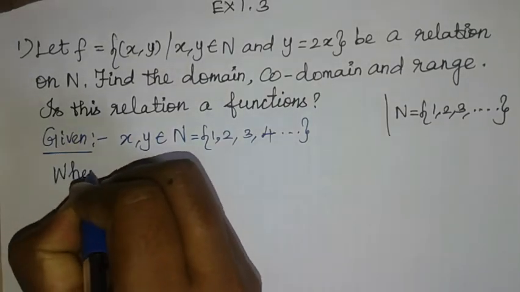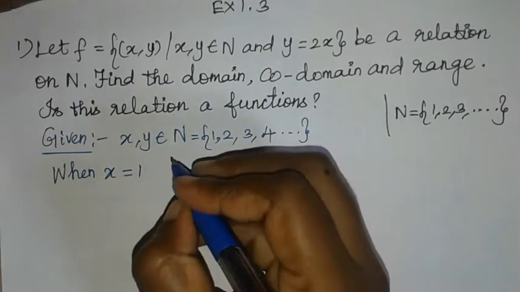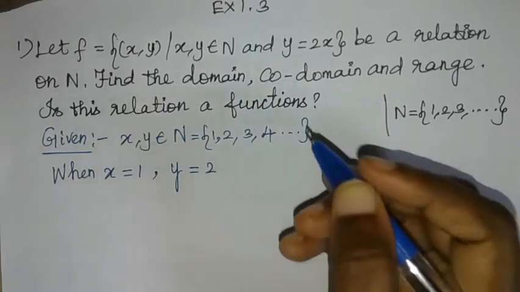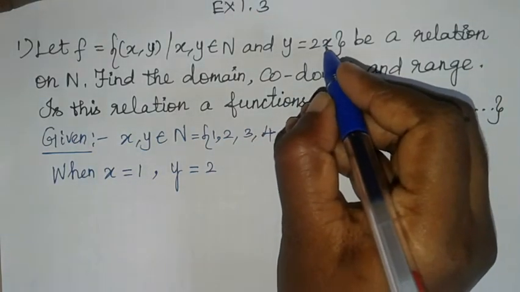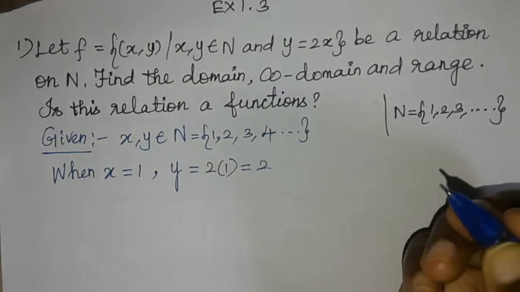So taking x equal to 1, y is equal to, what is given? y = 2x. In the place of x, substituting 1, so 2 into 1 is 2.